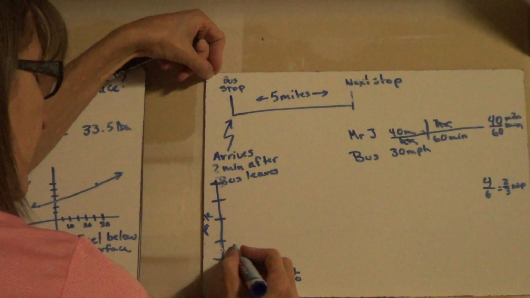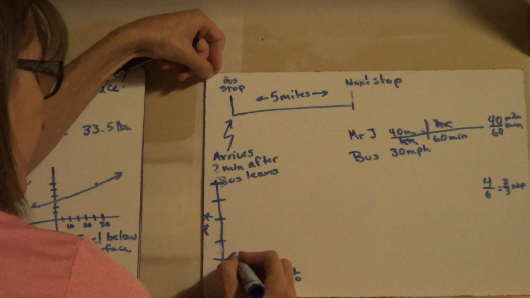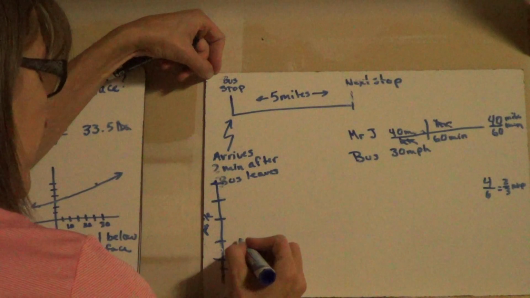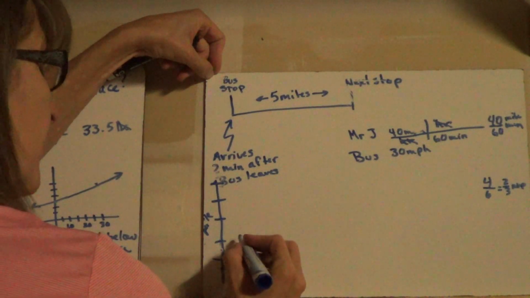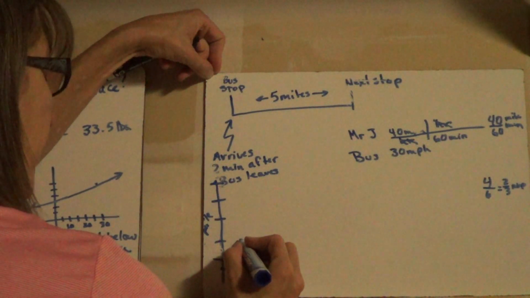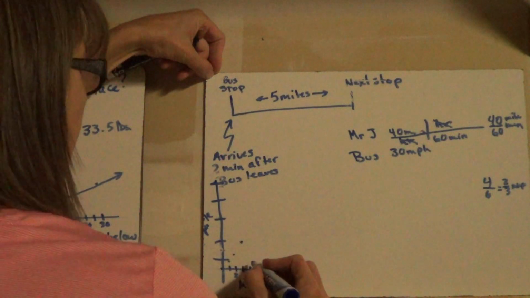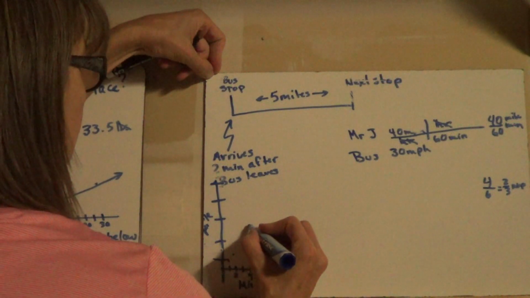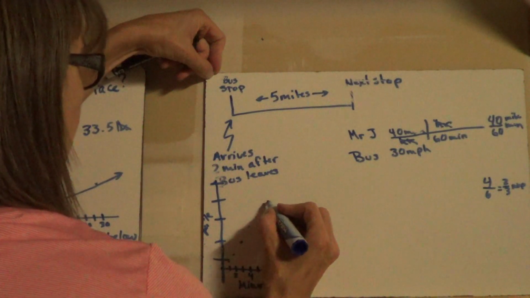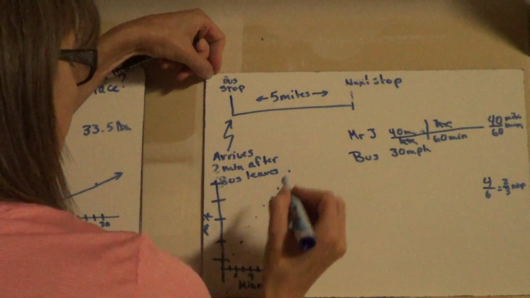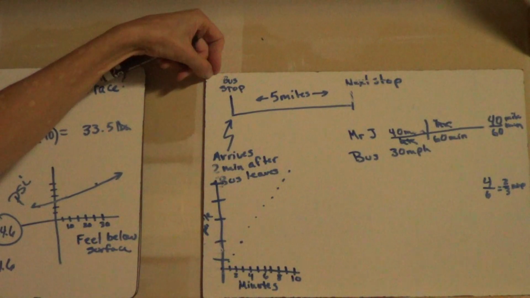In 2 minutes, he'll go 4/3. In 3 minutes, he's going to go 2 miles. Okay. And so on and so forth. We'll just start the linear graph there.